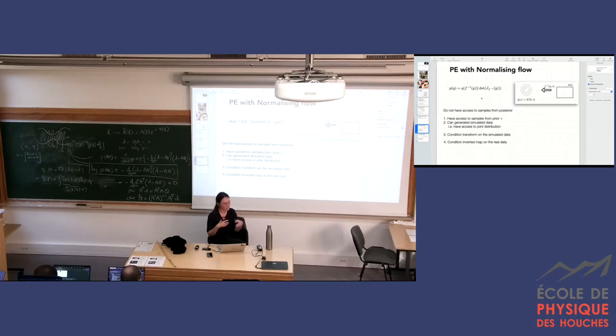If we know this map, then we can just sample from the simple distribution, apply the map, and get samples from the posterior. So the idea is very simple.